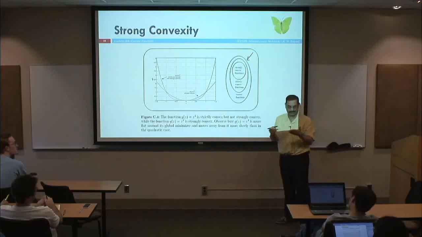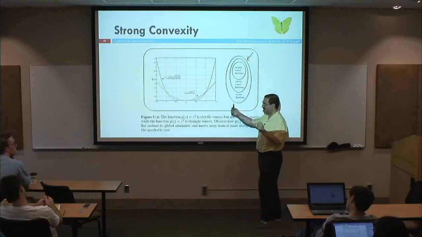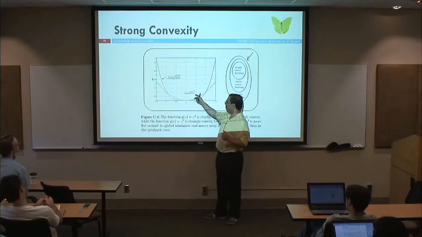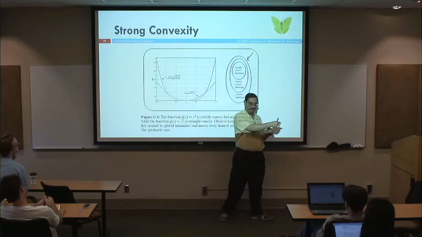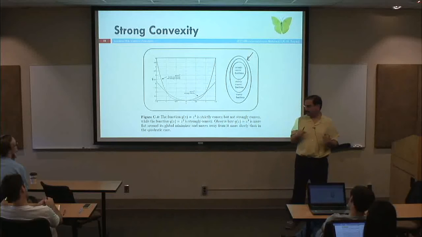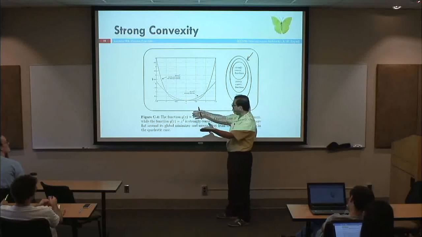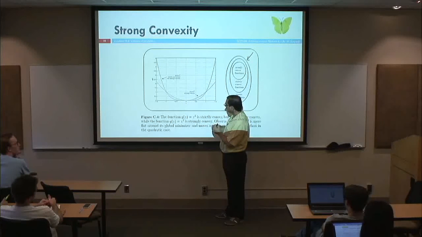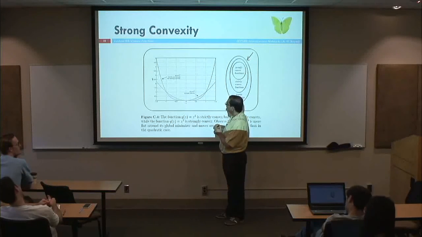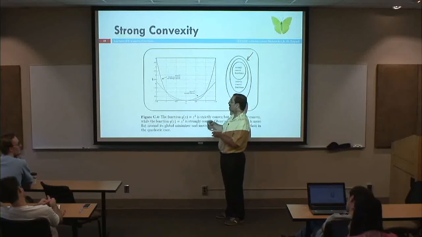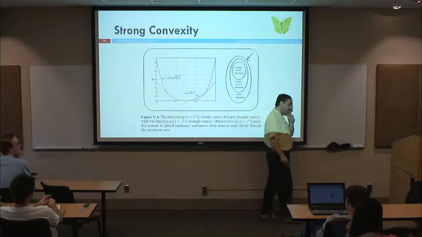It's not difficult to do, but for now, believe me. Or for the z squared case, we can apply the Hessian test that I'm going to show you very soon. If you go back to the definition, z squared is strongly convex, that's the red curve. And z to the 4 is strictly convex but not strongly convex, that's the blue curve.